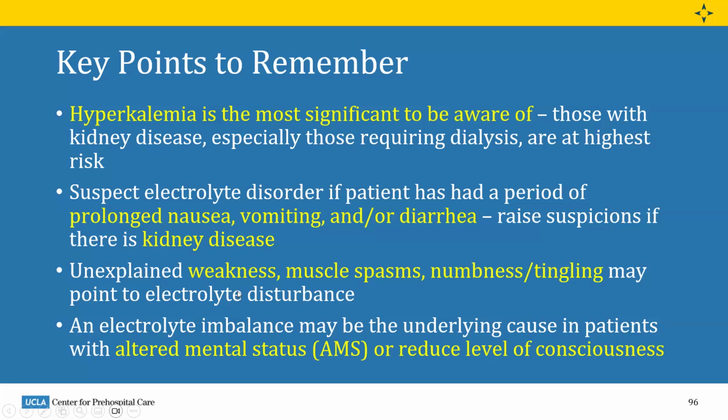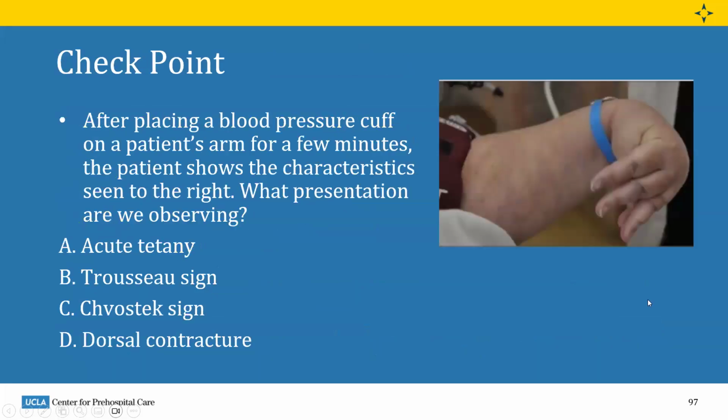If they start having unexplained weakness, muscle spasms, numbing, or tingling, we also have to look at electrolyte disturbance, right? It might also cause patients to have altered mental status or reduced level of consciousness. So those are the most important takeaways from this section on electrolytes.